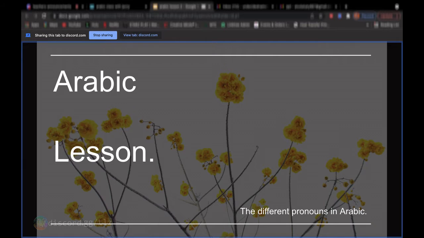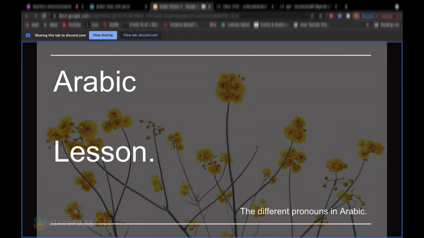But so this is one part of the lesson on pronouns. So this will be split up into 3 different lessons. In this lesson, we are going to basically explore first person Arabic pronouns. So I, we, us, me, but in Arabic.